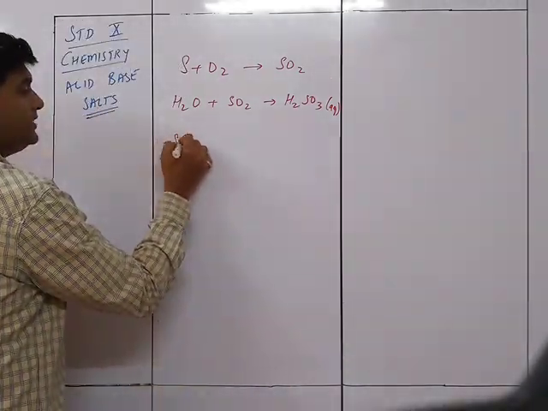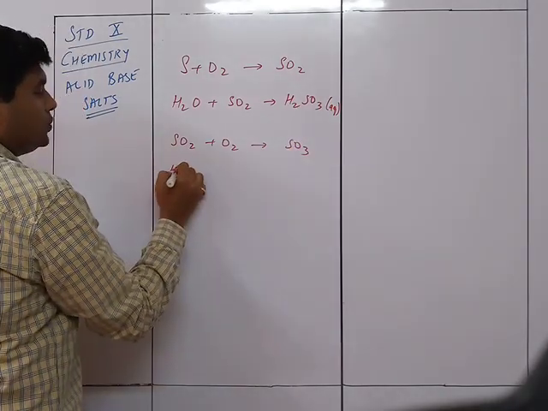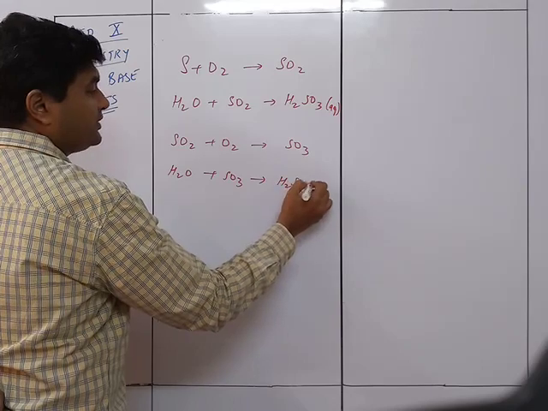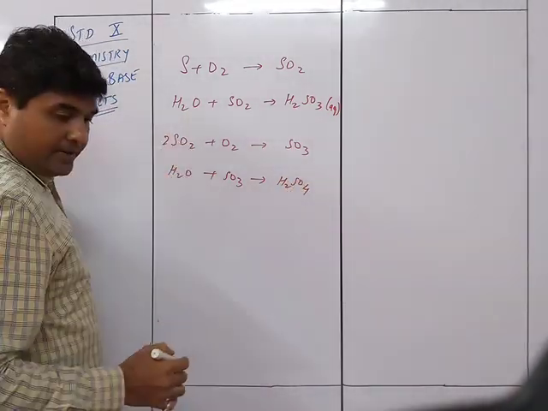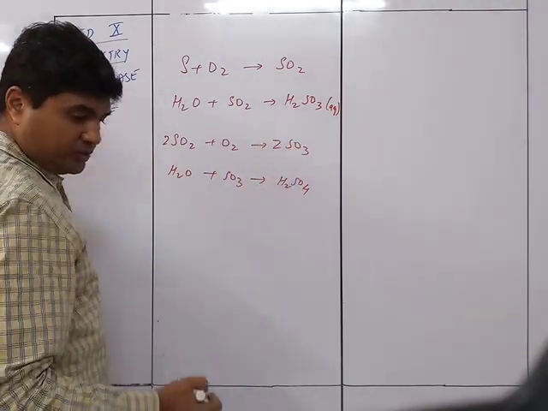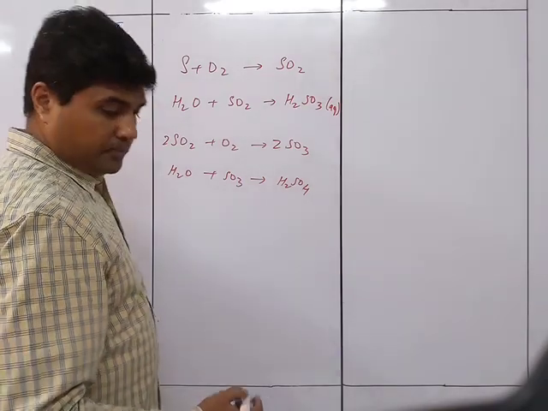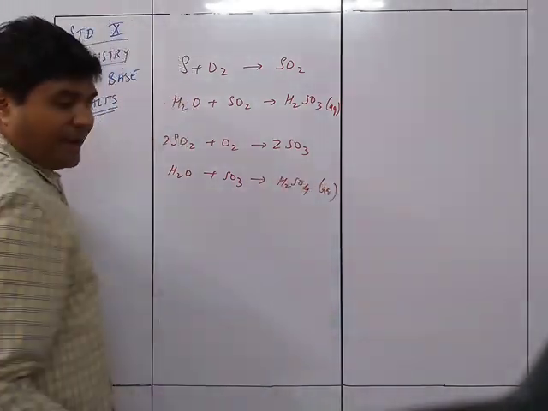So it will be SO2 plus O2 giving me SO3, and this H2O reacts with SO3 to give me H2SO4. Balancing of this will be 2 here and 2 here, and H2SO4 from SO3 is direct combination. So that is how you get the aqueous solution over here of sulfurous and sulfuric acid.